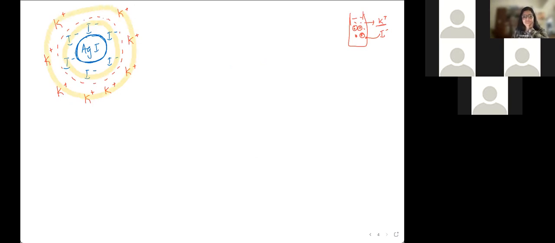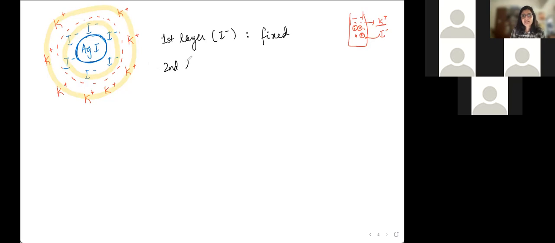Within this, the first layer, the inner layer, is basically the first one that's actually adsorbed by AgI, so in this case I minus. This is called the fixed layer, because that's a property of this sol.